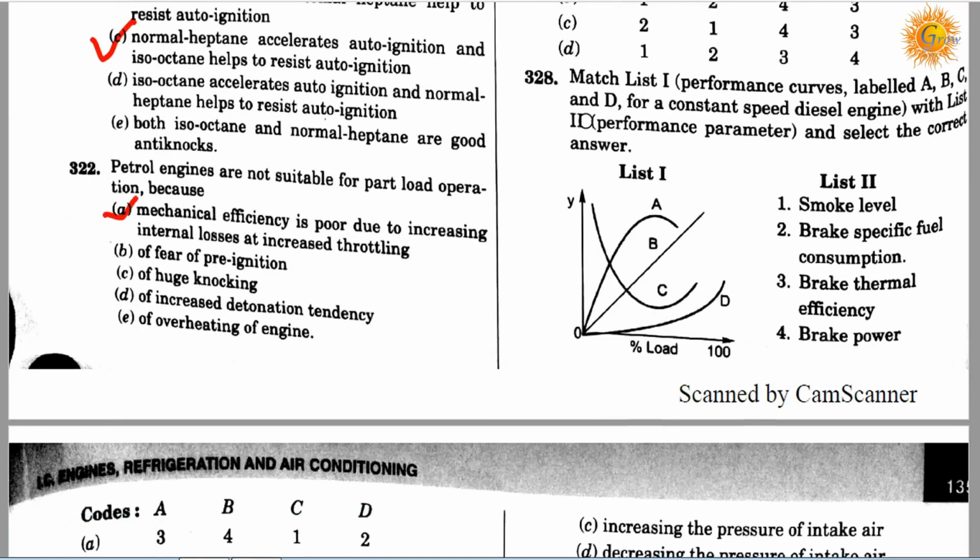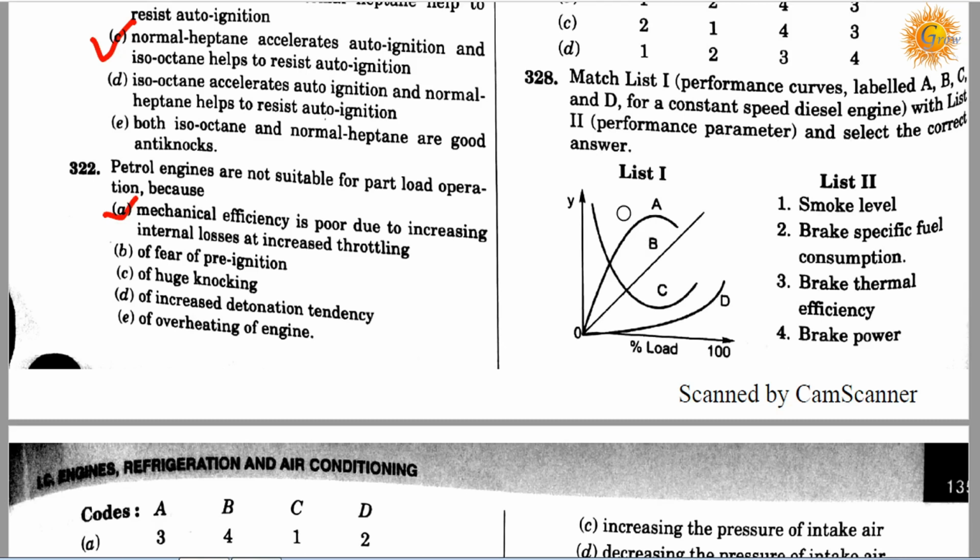Question number 328. Match list 1, performance curves labeled A, B, C and D for a constant speed diesel engine, with list 2, performance parameters, and select the correct answer.